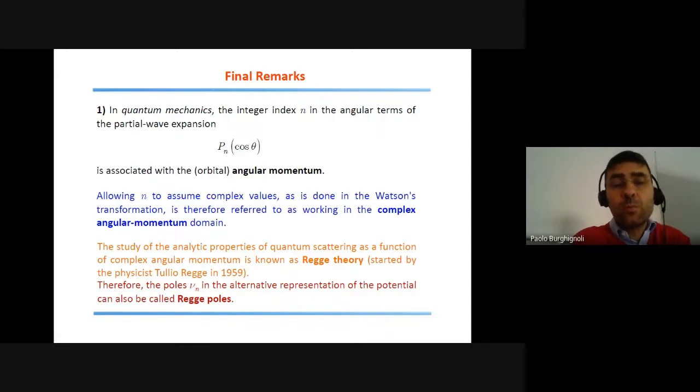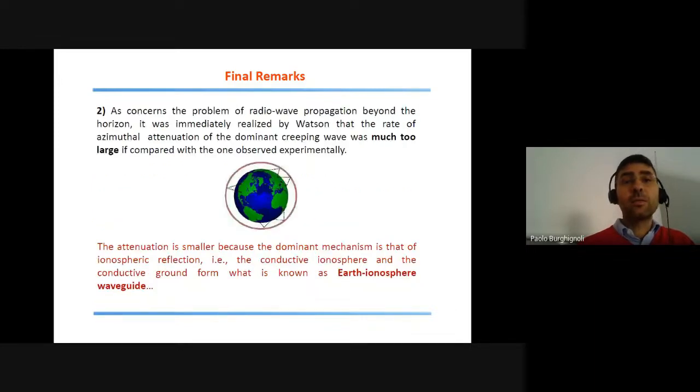For this reason, the poles that are used in the Watson transformation may also be called, and are called in the literature, Regge poles.